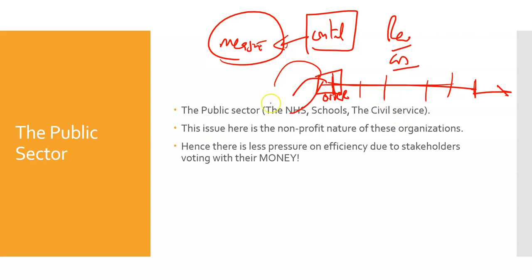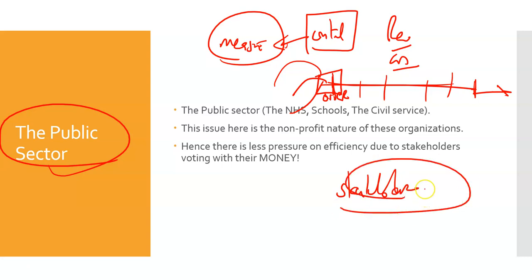What we're saying here is that the public sector, generally, has a different type of key stakeholder.